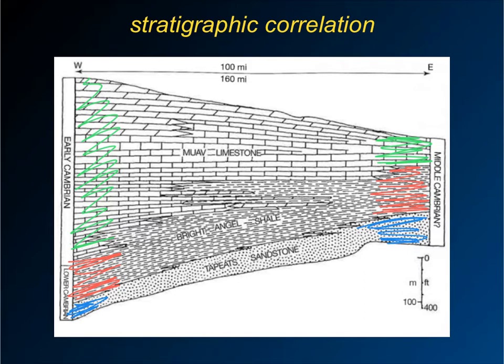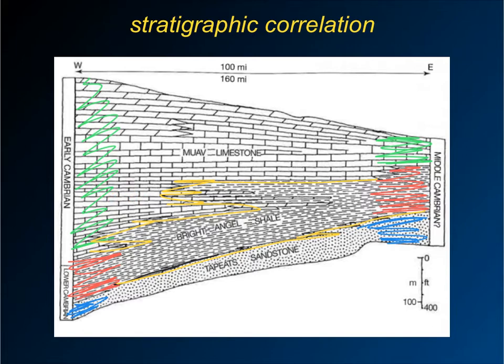And if you look closely, let me use a different color, I'm going to use yellow, you can see that they are related. There are some intertonguing relationships. What this shows is that there are some lateral equivalent features here as well, where in the early Cambrian in the west, when you had limestone being deposited, that limestone graded offshore.